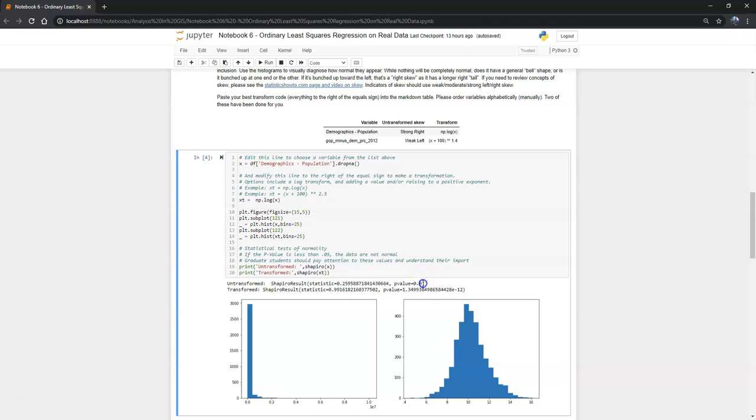The untransformed data, we're getting a p-value off of this that's being reported as 0, but that's actually just infinitesimally small. What that's telling you is we reject the null hypothesis that this is normally distributed. So definitely not normal. This one, though, to the eye looks relatively normal.